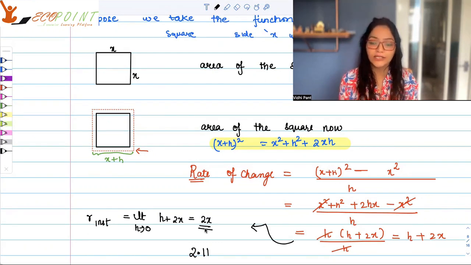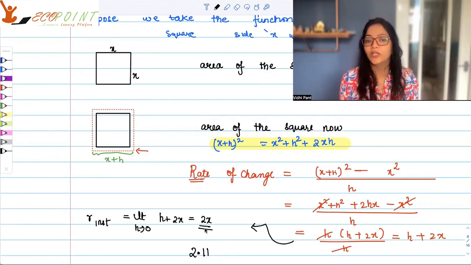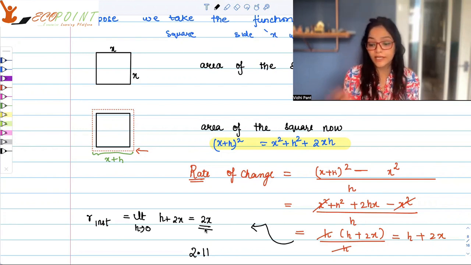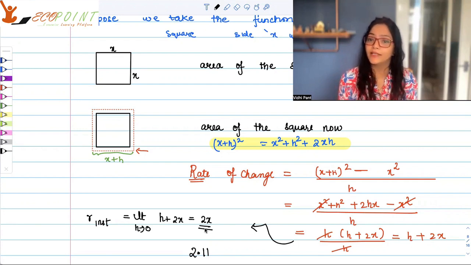The change that has happened in the area of this square when I changed the side of the square by h units, the change that is happening is 2x. Now, what you must note here for the next video is that 2x is dependent on x, so it's a function of x in that sense.